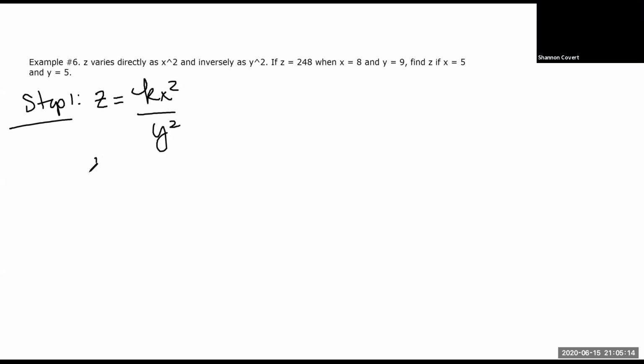I'm going to replace z with 248 equals k times x is 8 squared, and y is 9. So I have 9 squared. I'm going to multiply both sides times 81 over 64.